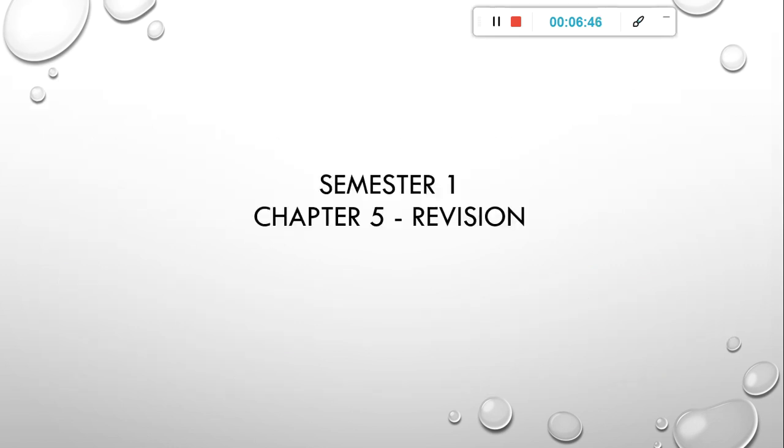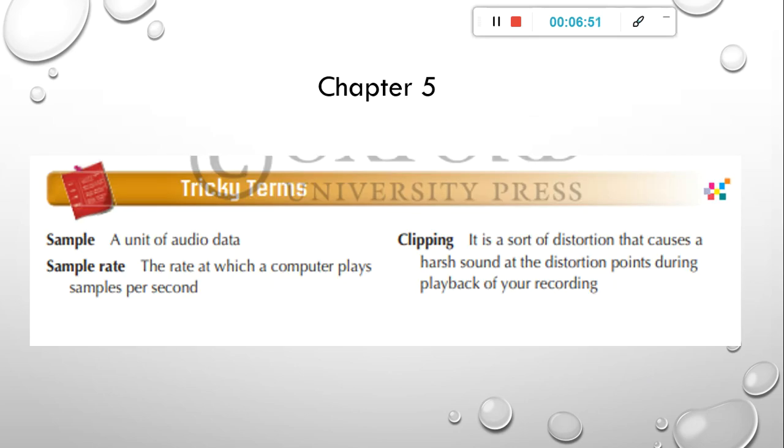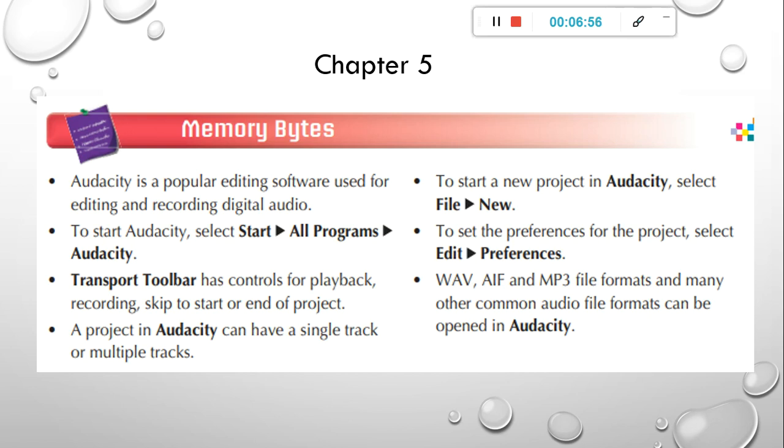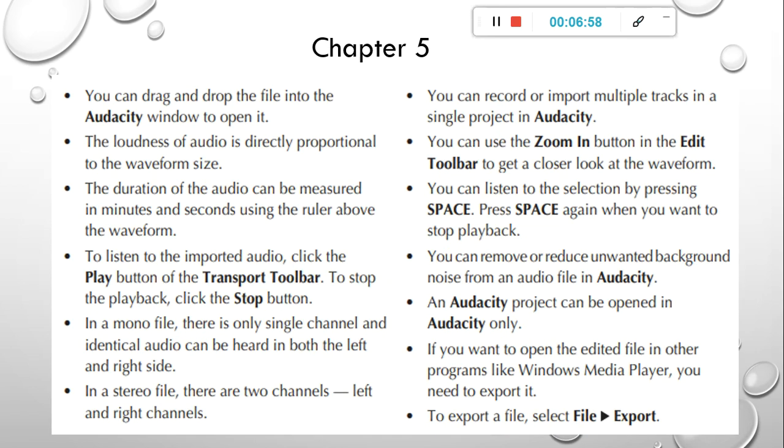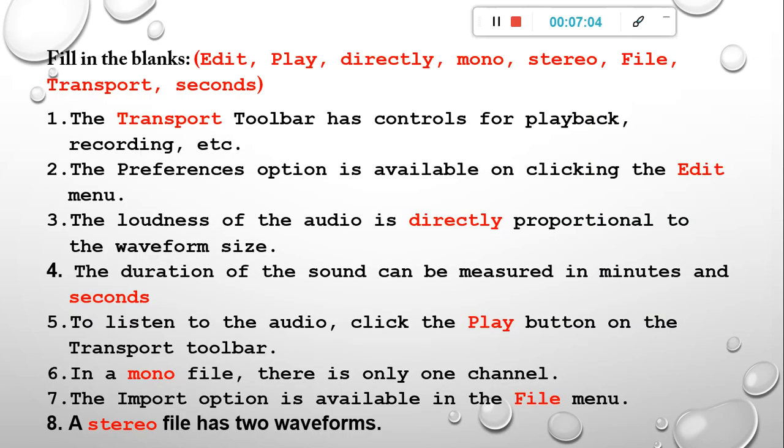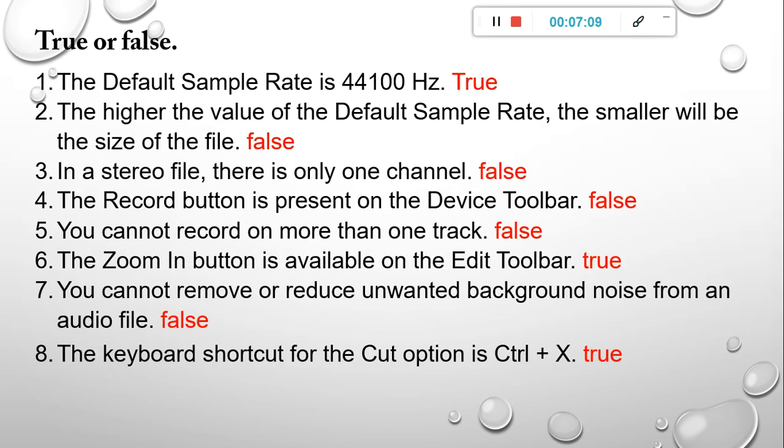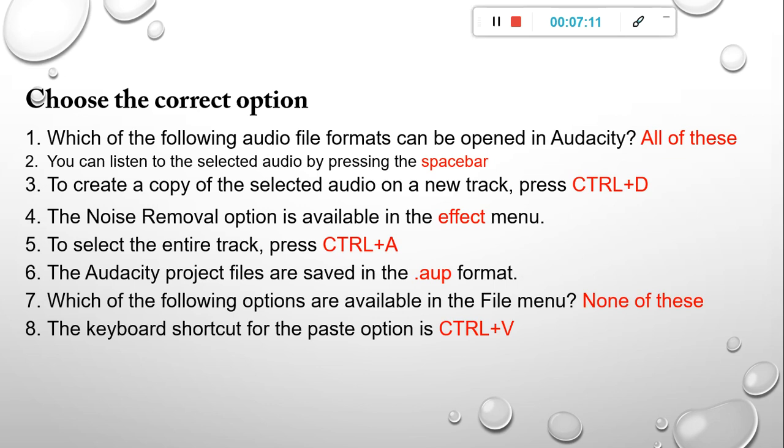After this I started the chapter number 5 revision: tricky terms, memory bytes, fill in the blanks, true or false, and choose the correct option of chapter number 5. So please go through this video so you will be able to understand the questions and answers also.